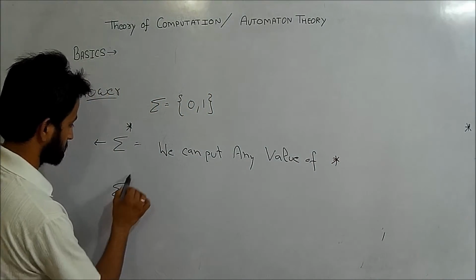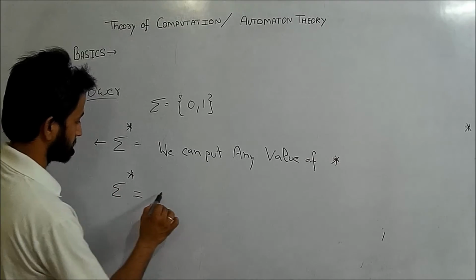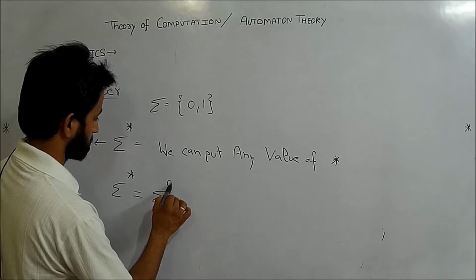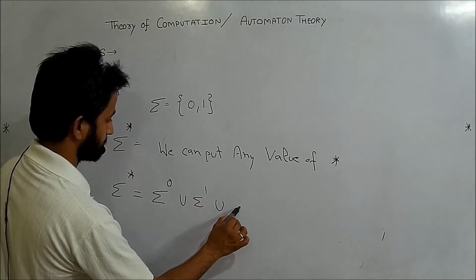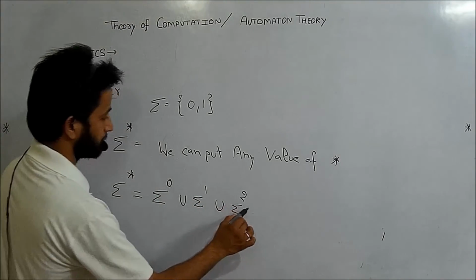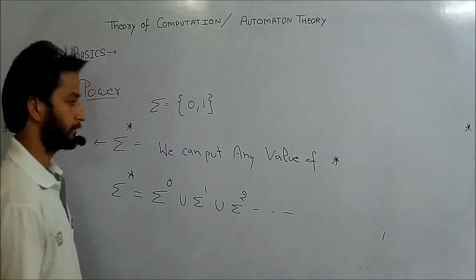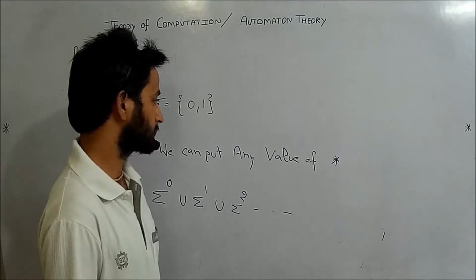It means sigma star is equal to sigma 0 union sigma 1 union sigma 2 and so on. You can put any value for the star.